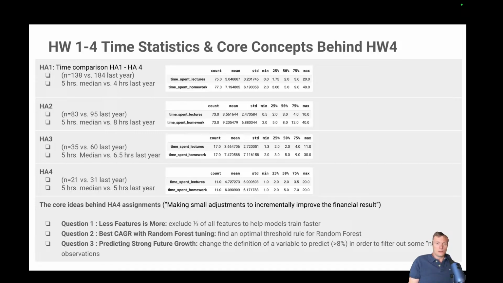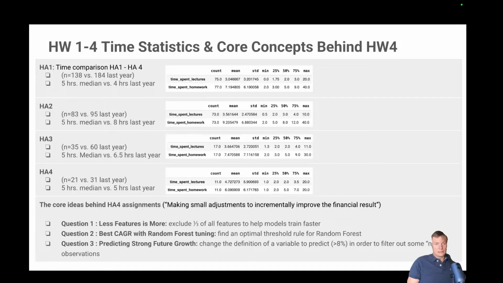Usually it's one or a few lines of code, and produce the results of a simulation. That is in many cases to find the best annual growth rate of your portfolio. And there are a few ideas that were covered in this homework.